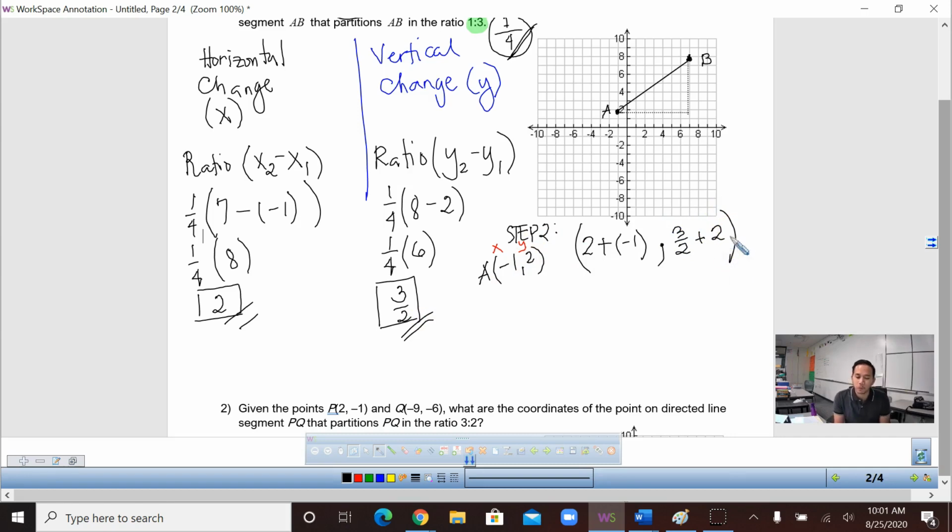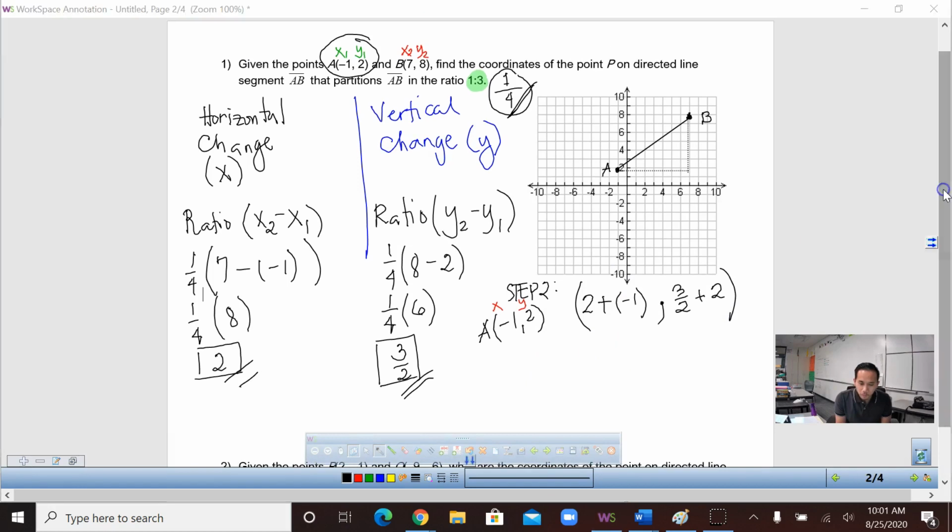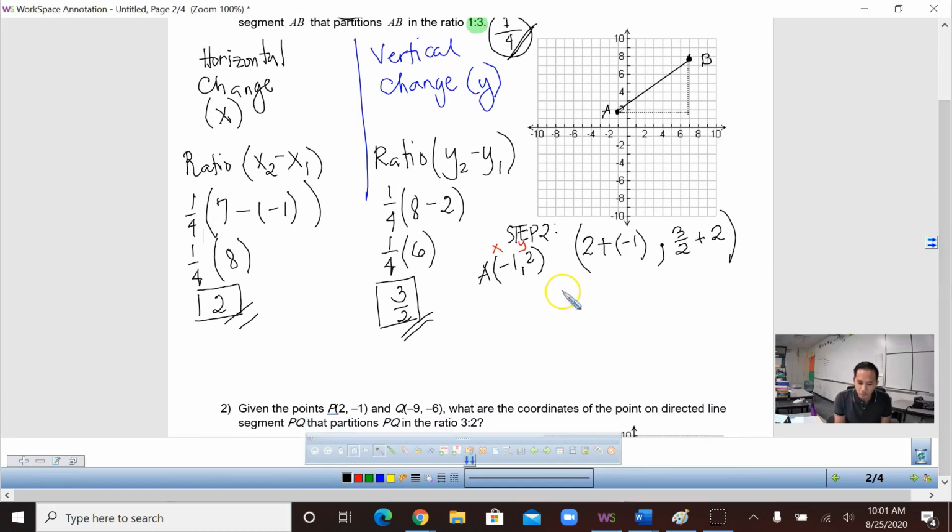And you have to perform the operation. So it says there, find the coordinate of P. So the coordinate of P now would be 2 plus -1, which is +1. And then 3/2 plus 2 will give us 7/2. So this is now the coordinate of P.